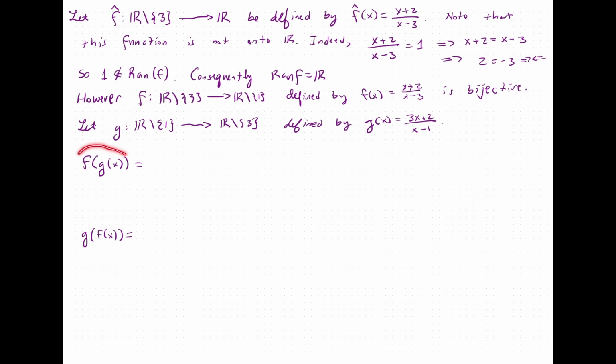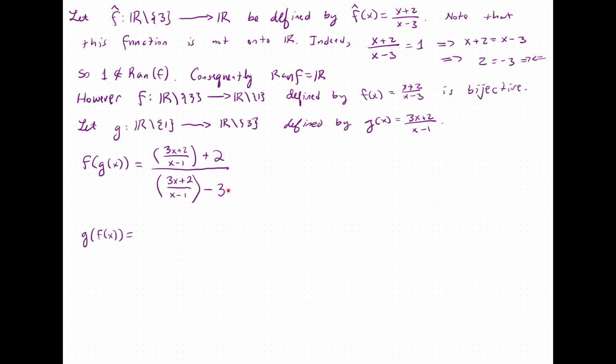So if we do f of g of x, we end up getting the following. So we have g of x is 3x plus 2 over x minus 1, so we're going to be plugging that into our function f of x. So it's going to be this plus 2, and then this minus 3. And so here it is. Now we go ahead and simplify so that we have a common denominator. So we want to introduce an x minus 1 into the 3.